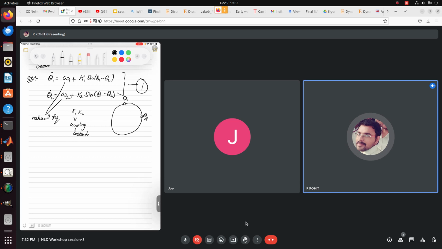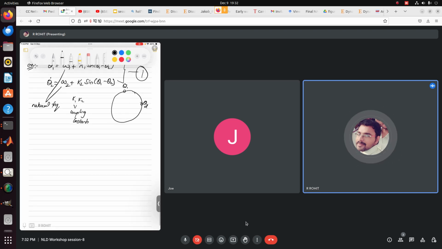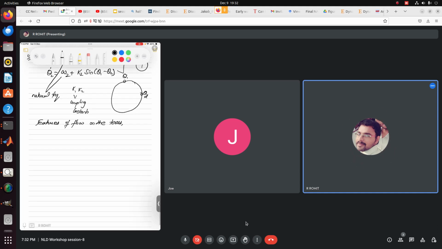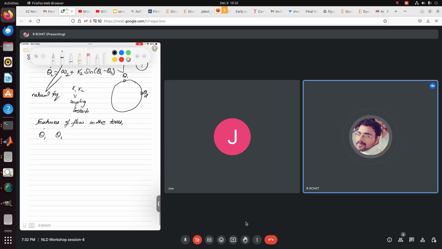So our interest here is, we said that there are theta 1 and theta 2 present in the system. Now, to illustrate some generic features of flow on the torus, imagine there are two points running around a circle at instantaneous rates theta 1 dot and theta 2 dot.